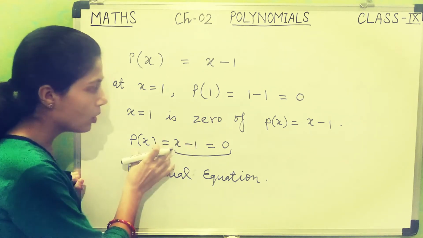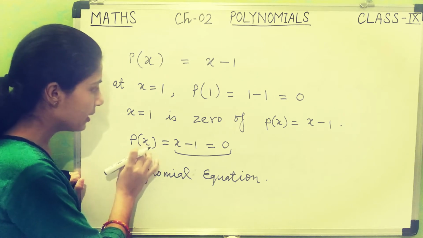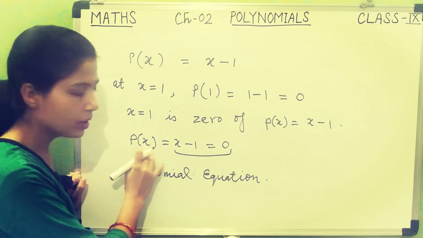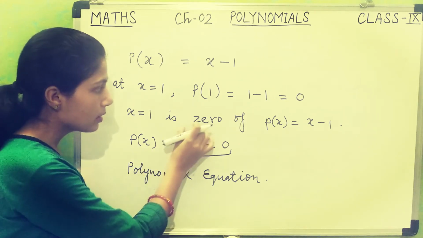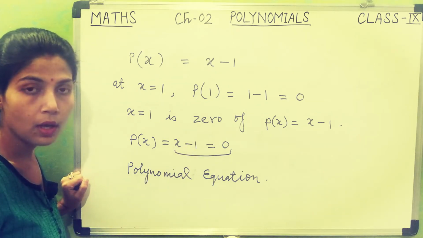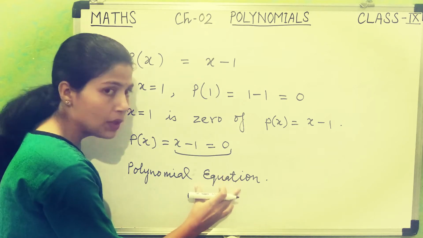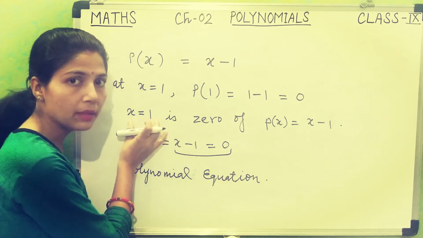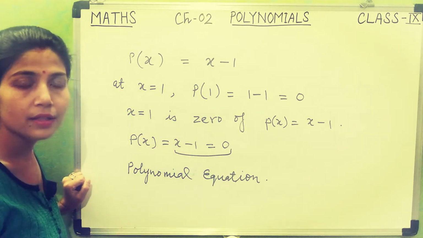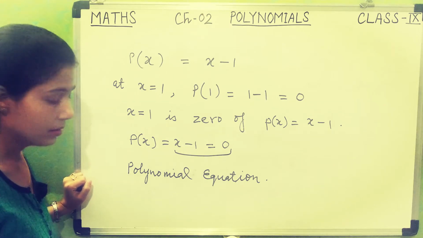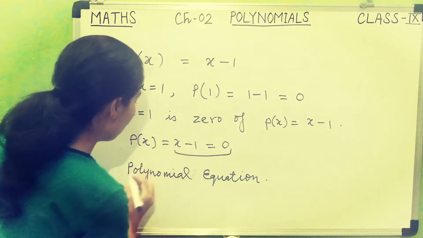In the case of a polynomial, the value of the variable at which the polynomial becomes 0 is called the zero of the polynomial. If the polynomial becomes a polynomial equation, the same value of the variable is called the root of the equation.